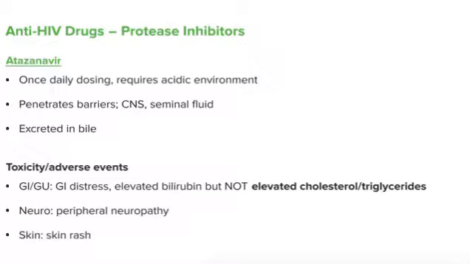Atazanavir is used once daily and requires an acidic environment. They can penetrate the blood-brain barrier, so we sometimes see them in the central nervous system and in the seminal fluid, which is quite relevant in terms of sexual activity for our patients.